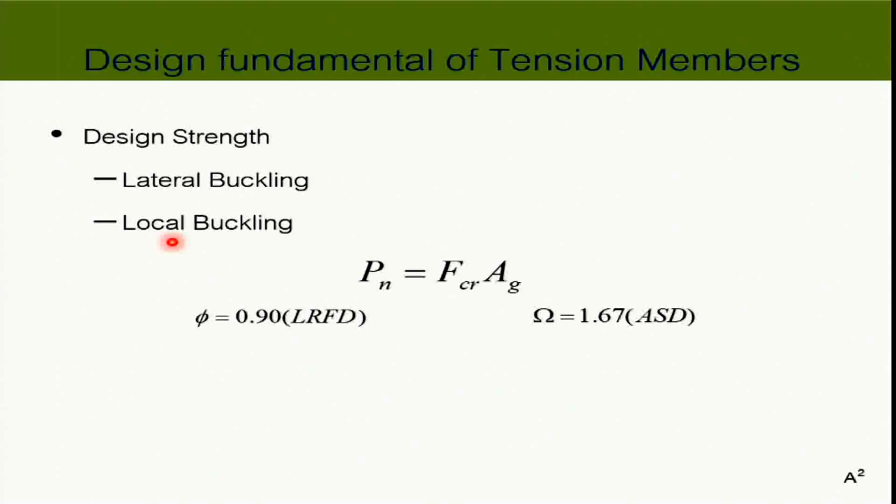Okay? And once the calculation here is done, again we get nominal strength, the calculated strength. You can turn this into the design strength by multiplying the phi if you use LFD, or divided by the factor of safety if you use ASD. Okay? So that is the general idea.